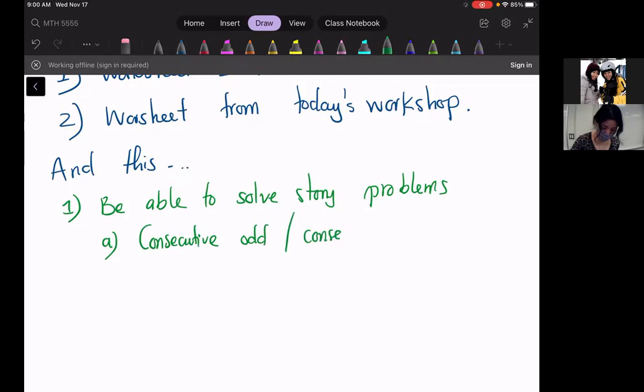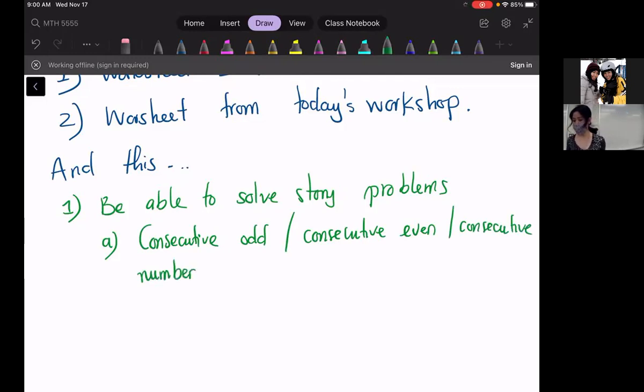I forgot what section it is. So those problems, or even just numbers, where they give you a problem and you look for two numbers. It doesn't have to be consecutive odds or consecutive evens, just consecutive.